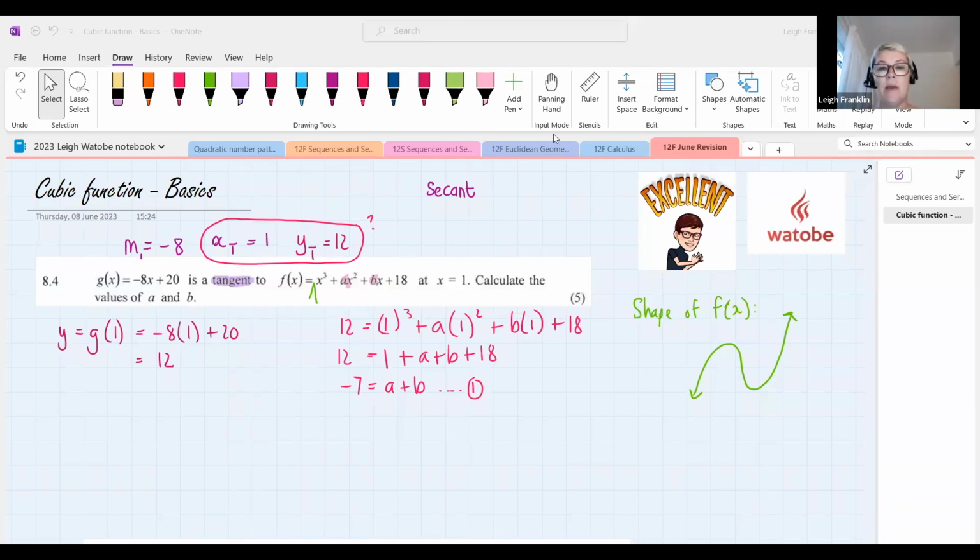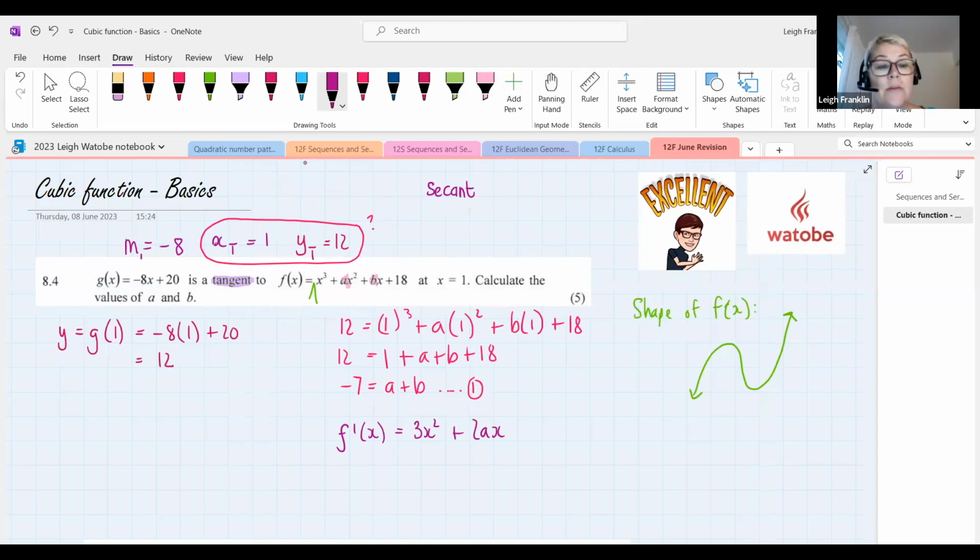Derive. Yes, Mamelo. So I'm going to derive f of x, and write that as f prime x. That's going to give me 3x squared plus 2ax plus b after I've derived.